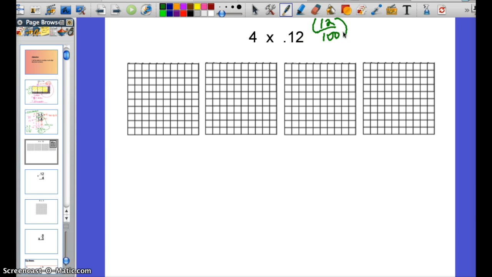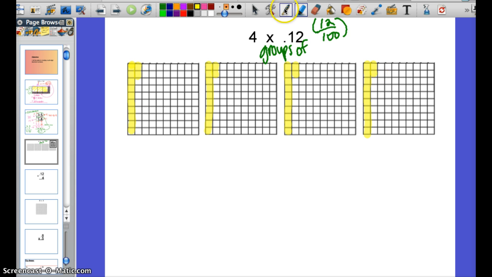So we can show this in a pictorial model by thinking of it as 4 groups of 12 hundredths. So let's have one group of 12 hundredths. Here's 10 hundredths, 2 hundredths. Here's my second group, 10 hundredths, 2 hundredths. Here's my third group, 10 hundredths, 2 hundredths, and my fourth group.